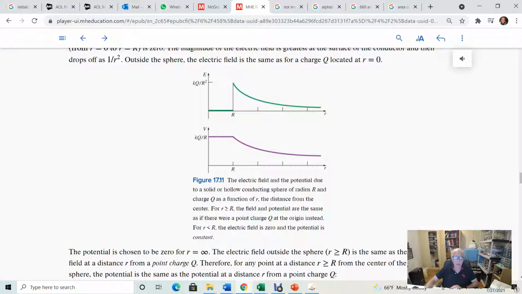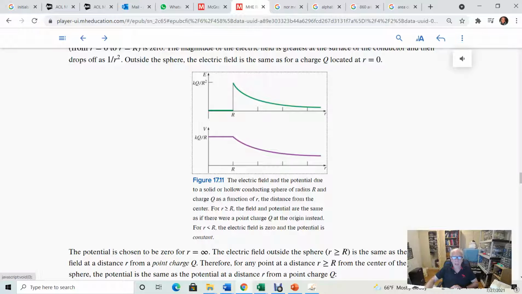And we have here a different way of explaining that. The electric field is zero. Because the electric field is zero, the force must be zero as well, and there must be no work that you can do inside the charge. So what does it mean? It means that the potential must be constant.